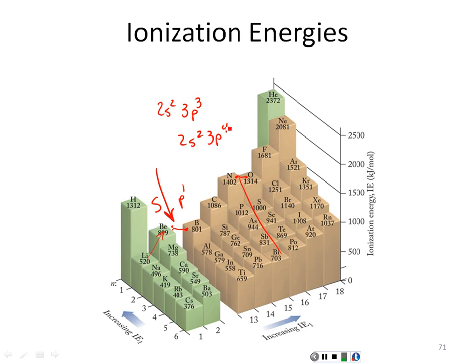It's much easier to remove that one p electron from oxygen, so it becomes 2p3, again has a half-filled p shell. Remember that half-filled and fully filled shells are very stable. So it's much easier to remove that fourth p electron from oxygen to get to a 2p3 half-filled shell than it is to remove one from nitrogen, because it already has a half-filled p shell.